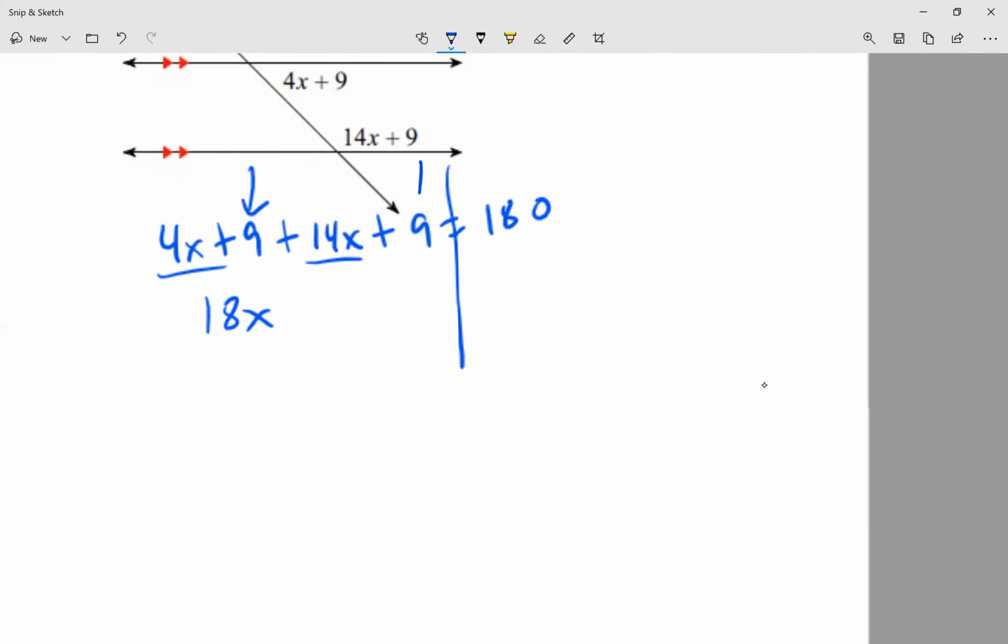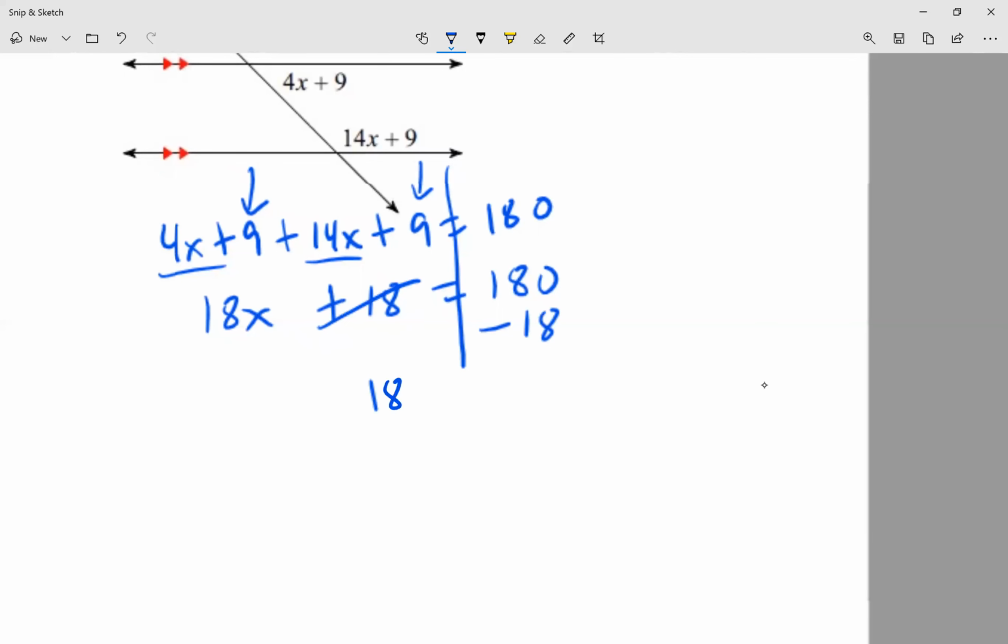When it comes to just numbers, 9 plus 9, I get 18. And all this is equal to 180. All right, this 18, let me move it over as a minus 18. So I get 18x is equal to 162. Let me divide both sides by 18, and I get 9.